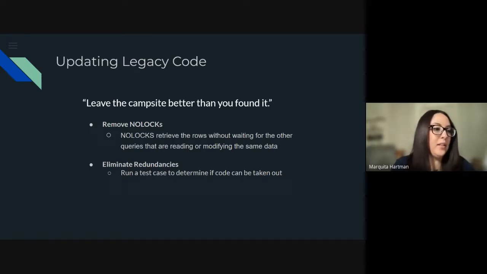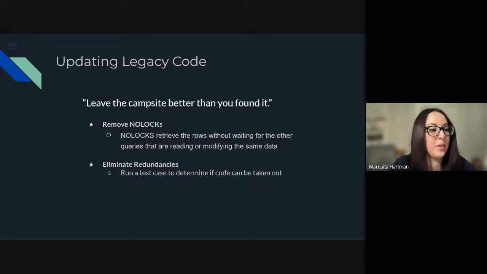So sometimes the code that you're working with can be so large and the past developer just doesn't have time to look through it or research it thoroughly. So if you see some part of it that you think may be unnecessary, you can run a test case. So all you do is you run the original code and see what results you get, and then eliminate the part that you think is redundant and run it again.